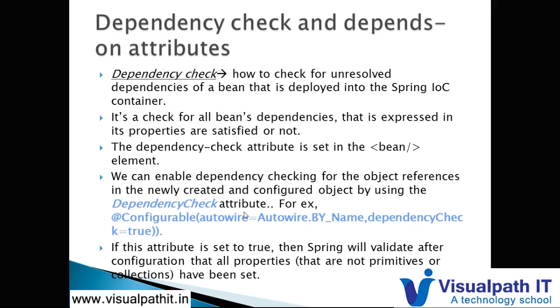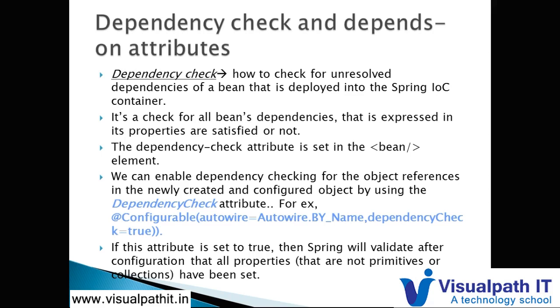First, understand the checking of unresolved dependencies of a bean that is deployed. There could be some chances where some dependencies may not be defined properly. For such deployed beans, we need to perform a kind of dependency check, and also understand how to use the depends-on attribute.